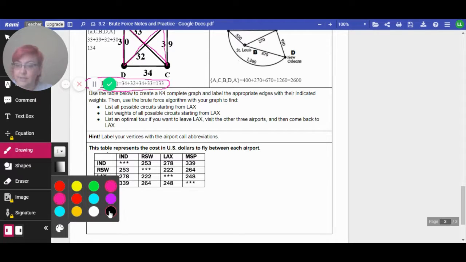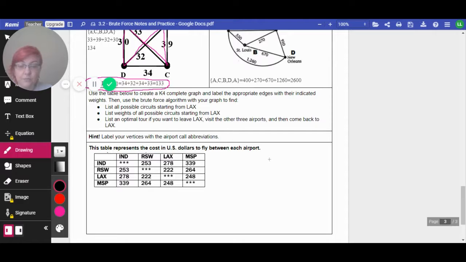All right. So here I'm going to put Indianapolis, here RSW, here LAX, and here I'm going to put MSP.